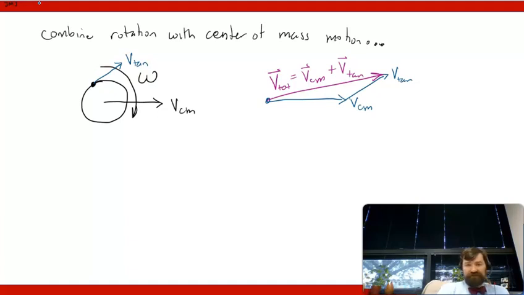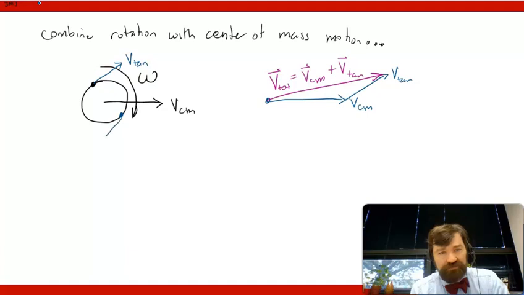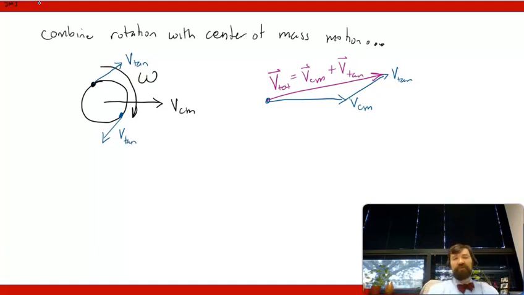For example, if I pick this point right here instead, then, at this given time, my tangential speed, or my tangential velocity, is actually more like this direction. And so I would have a totally different outcome. We'll call this one point 1 and this one point 2. Here's point 1. Point 2 will have a totally different outcome for the total velocity.